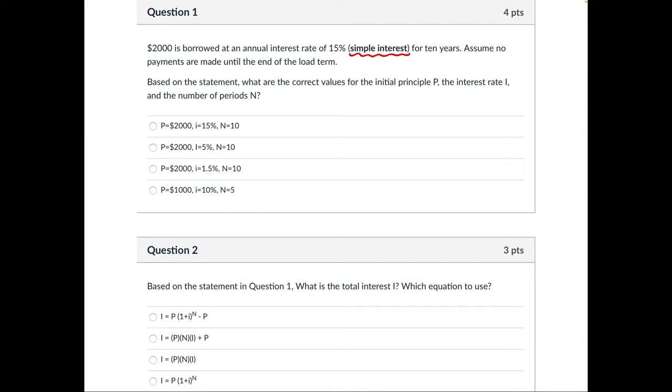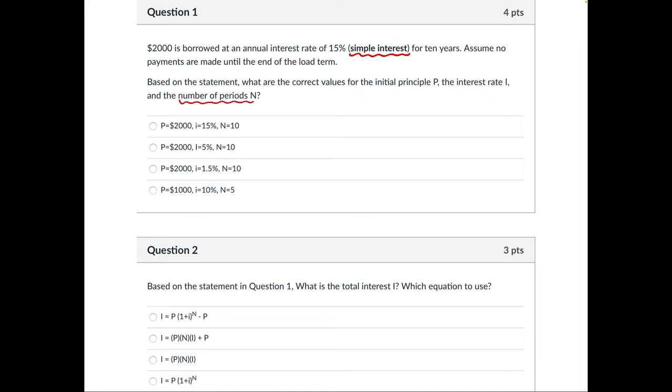And so based on the statement, what are the correct values for the initial principal, the interest rate, and the number of periods n? Okay, you see here, we didn't ask number of years.